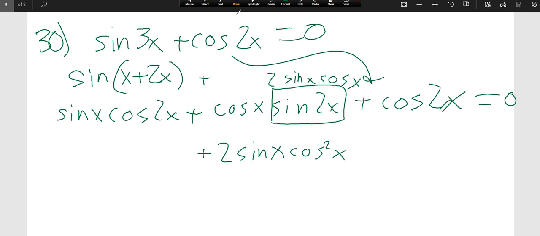So some of you are now saying, okay, what the heck am I going to substitute in for cosine 2x? Because we have 3 choices, right? I think this is going to get messier than we want.